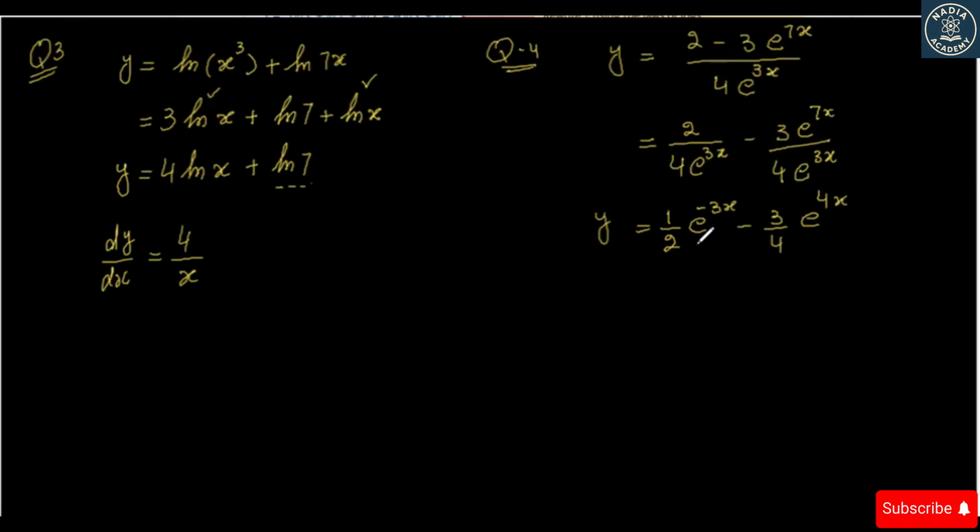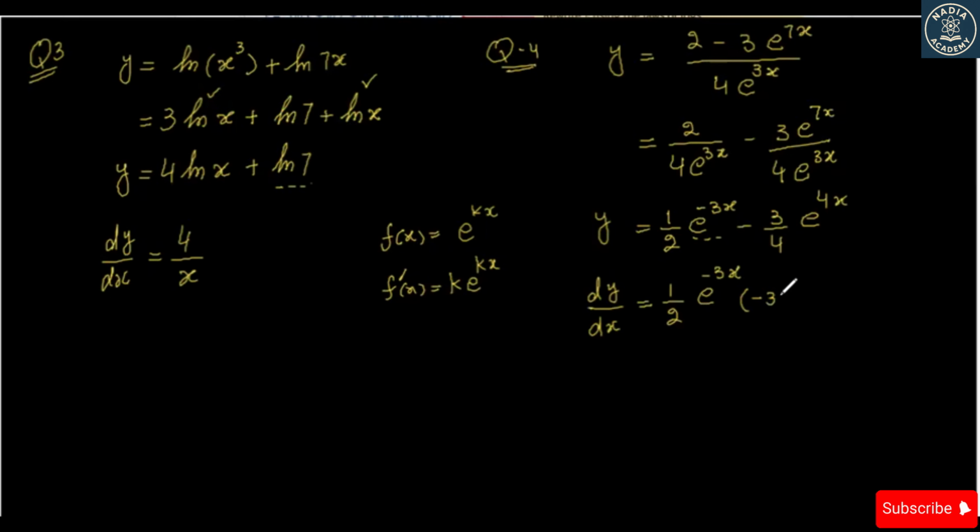So the rule, the formula, was that if we have a function e raised to power kx, then the derivative will be equal to k e raised to power kx. So the first order derivative of this expression, dy over dx, will be equal to 1 over 2, and the exponential function goes as it is, e power negative 3x, times the derivative of the power.